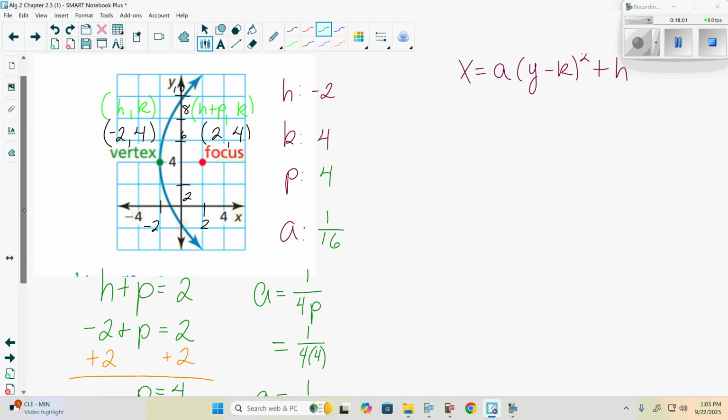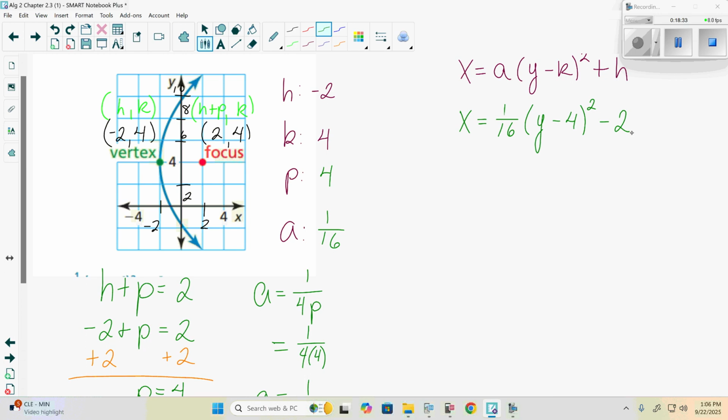I think y'all are starting to see how this is a lot and not a lot at the same time, because once we see how this works and how they all work together, it makes some sense on how we're doing this. Now all we've got to do is plug this back in. X is equal to A, our 1/16, times (y minus k) squared plus negative 2, or we can just say minus 2.